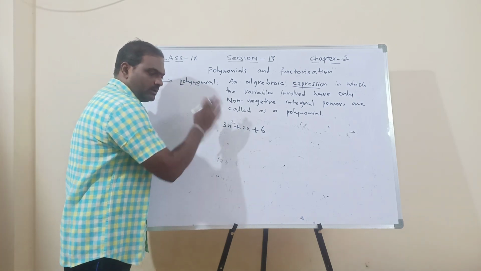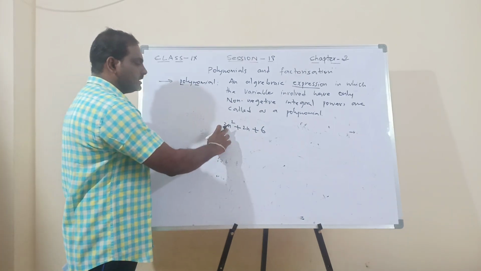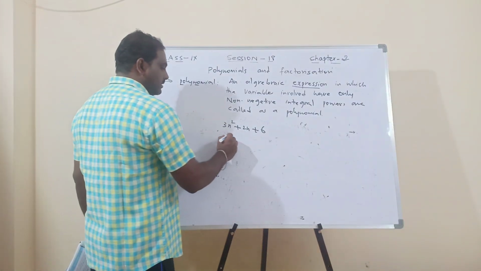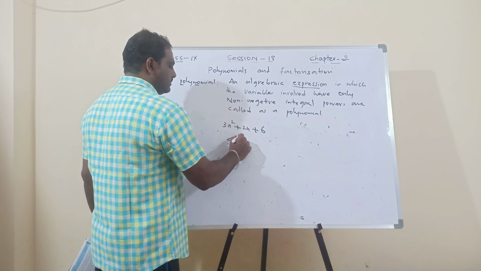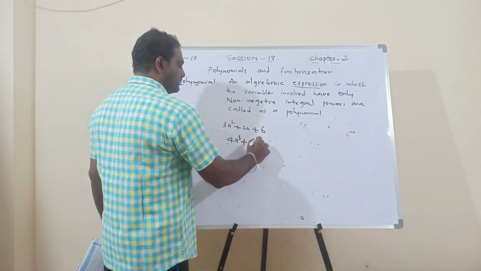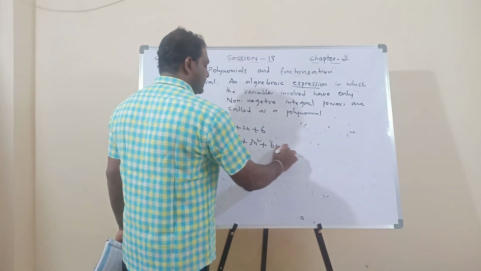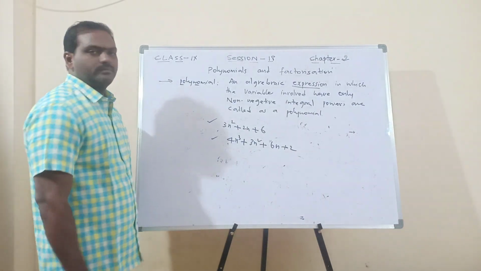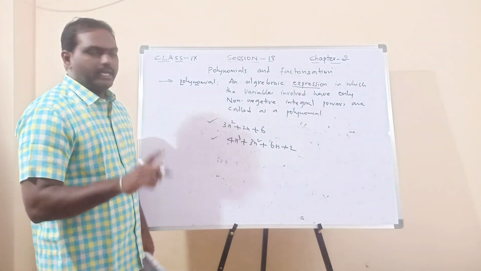First of all, is it a polynomial or not? Yes, it's a polynomial. And second thing, which variable do I have to use? X. I'll write one more: 4x cube plus 3x square plus 6x plus 2. Yes, these 2 are polynomials in x.